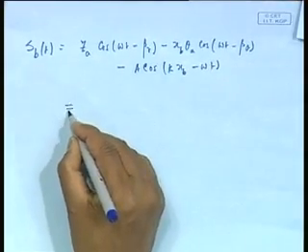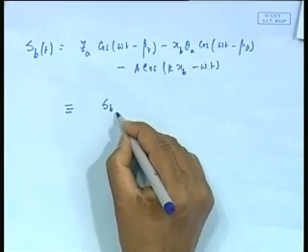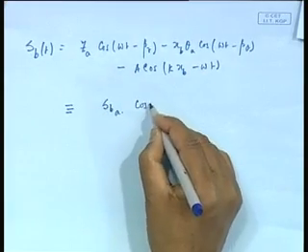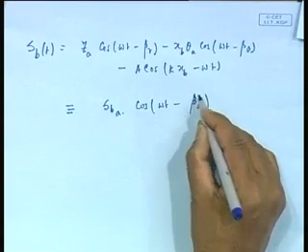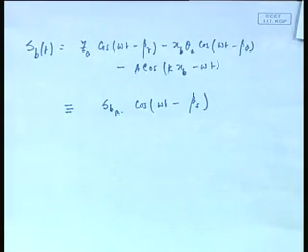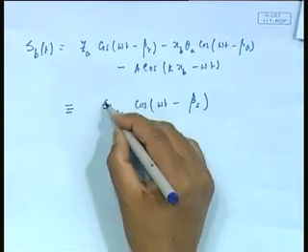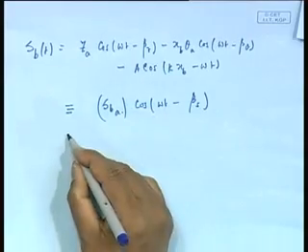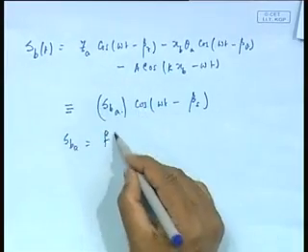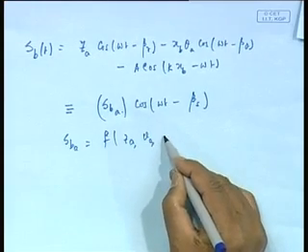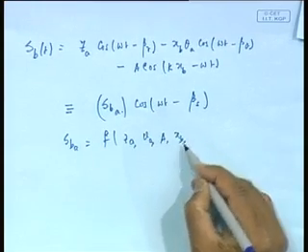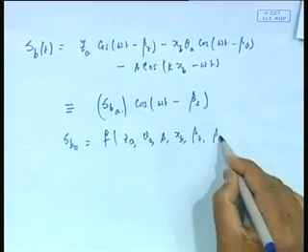This entire thing is equal to an S_B amplitude into cos(omega t minus beta_S). You can write it in this way. It is a sinusoidal function. Here x_B will be known, and you will be knowing S_BA. I will not write the expression, but it is basically a function of all this: Z_A, theta_A, x_B, beta_Z, beta theta.